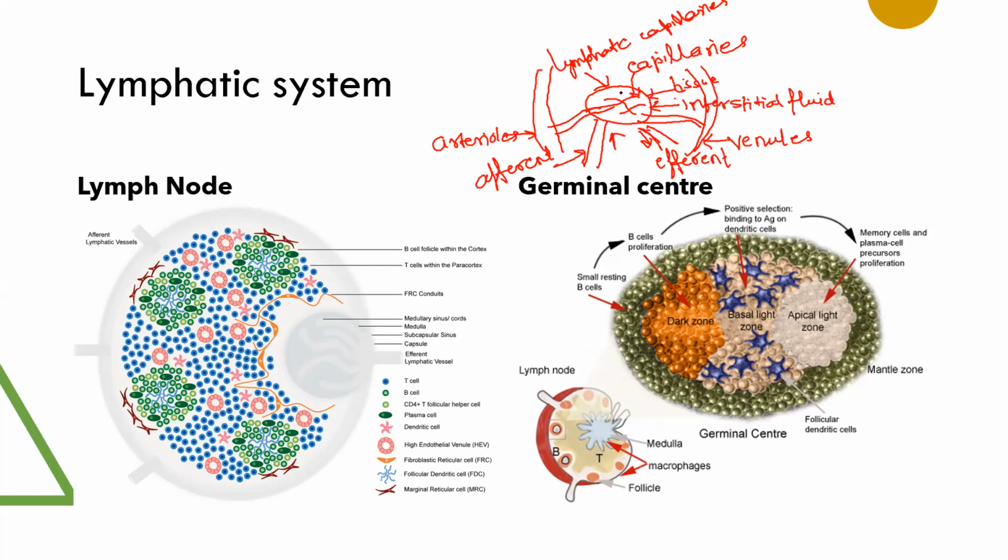So continuous flushing of tissues occurs due to the movement of lymph through the lymphatic vessels. Since the vascular capillaries are also there, immune cells in the vascular capillary will come out and see the antigens in the tissues.